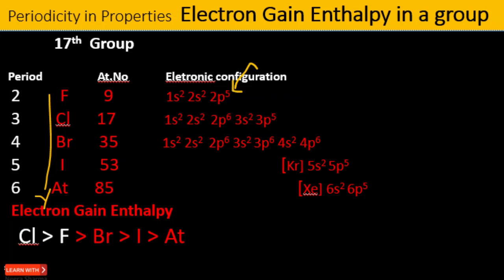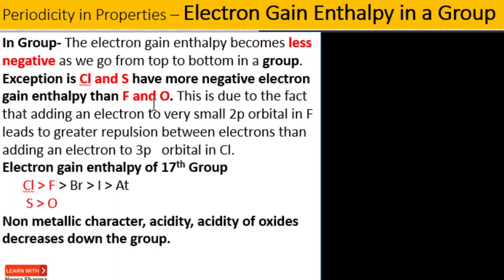Here we are adding to the 2p, here we are adding to the 3p in case of chlorine. Now fluorine is an exception here. In general, electron gain enthalpy becomes less negative as we go from top to bottom in a group.